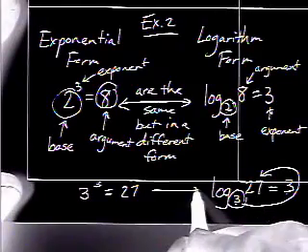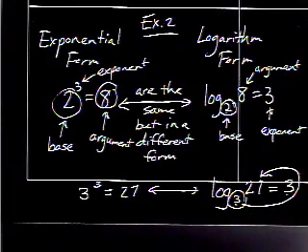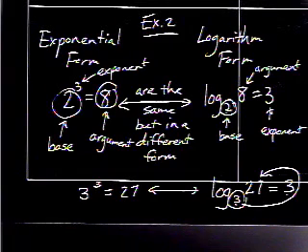So these two things mean the same thing. They're just in different forms. You will be expected to be able to go back and forth between these two forms. If you can't do this, you will really miss out on a lot of things, because in a lot of situations we need to solve equations and we need to use the other form. I'm always going to say to you, if you can't solve it in its exponential form, change it to its log form.